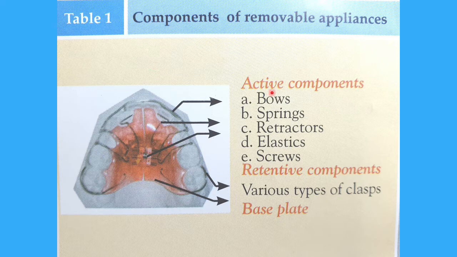A stands for active components, R stands for retentive, A is anchorage, and then B is base plate. Actually, anchorage and base plate is quite similar. So for our textbook, they combine into three for better understanding. So you just need to know the three components of removable appliances, which is the active, retentive, and base plate. So after this, I will explain one by one.